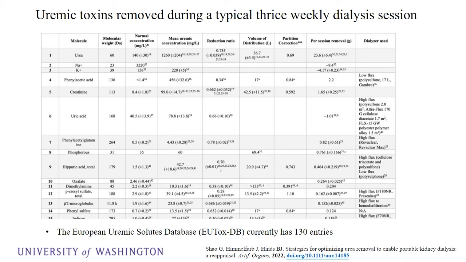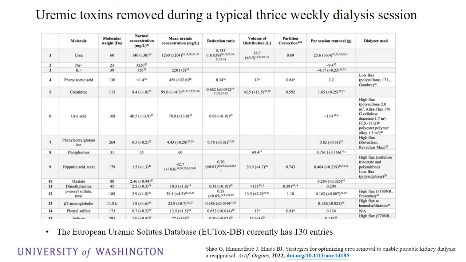For example, listed number 1 is urea. The per session removal mass is 23.6 grams. However, most of the uremic toxins are not as well characterized as urea. Then we have to find, for example, the difference between the mean uremic concentration and the normal concentration, and then we need to multiply that by the volume of distribution.